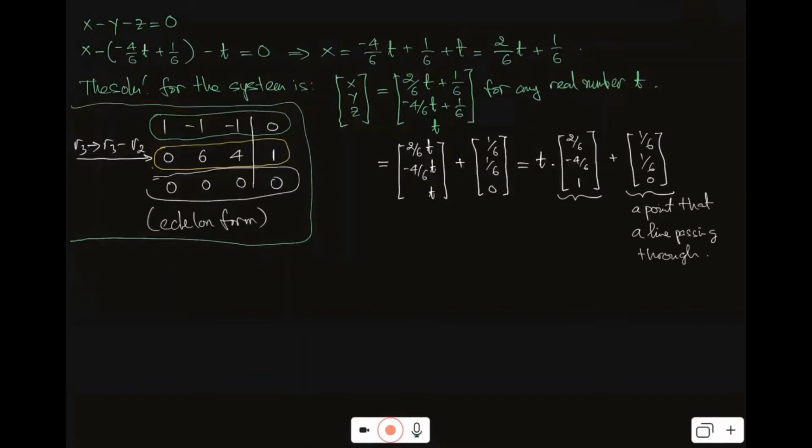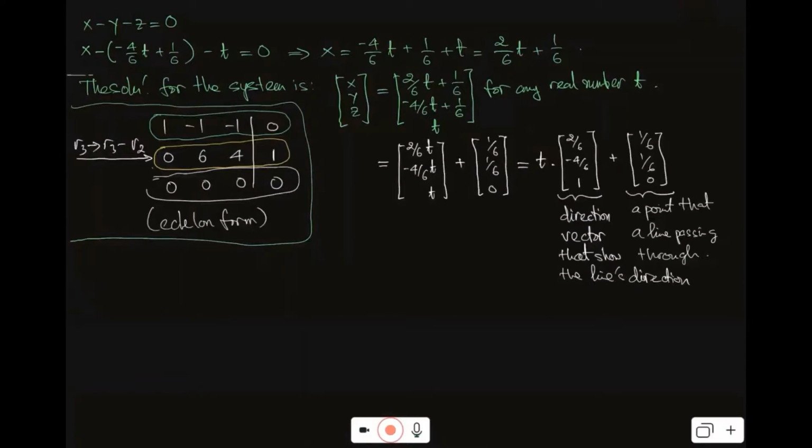This will serve as the direction vector that shows the line's direction.